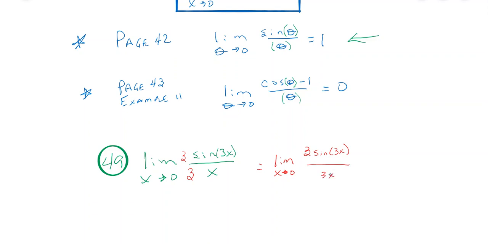Would you agree? And these two match. Okay, and if those two match, then this part right here goes to 1. And what you have is 3 times 1. So the answer is 3.